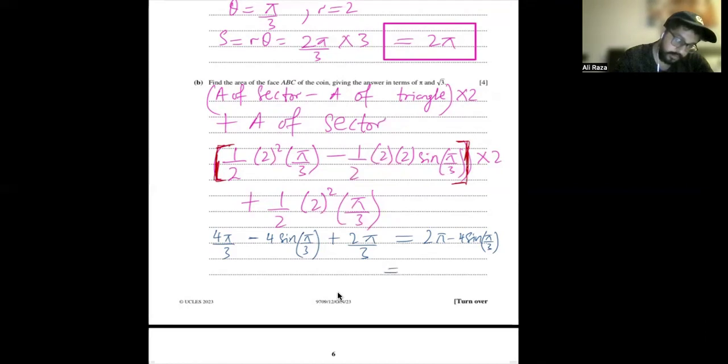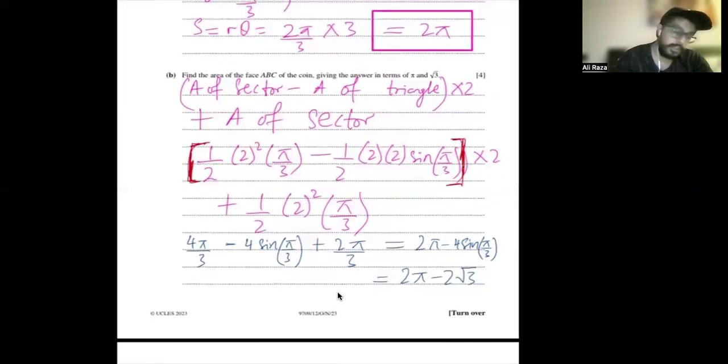The answer would be 2 pi minus 2 root 3. And the question is asking us for the answer in terms of pi and root 3.